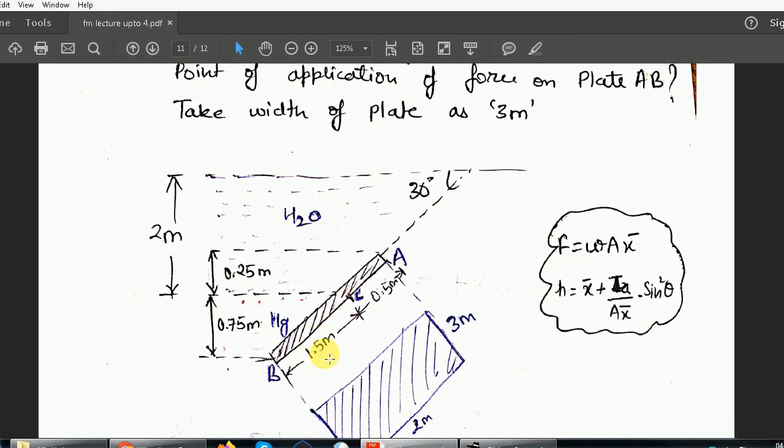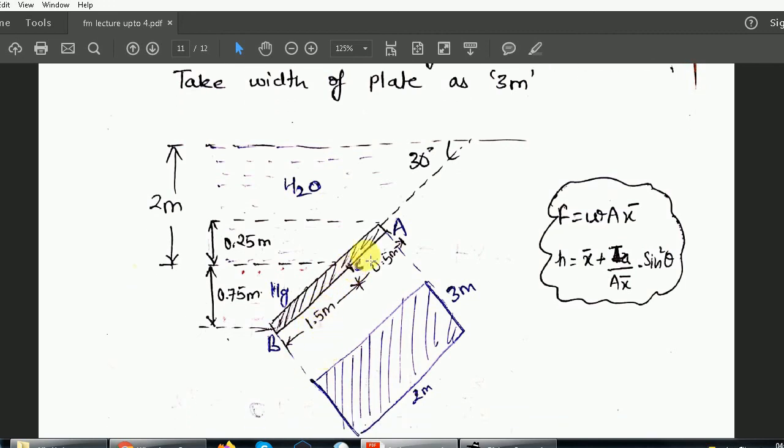So it is 1.5 meter B to C and A to C 0.5 meter. The angle of inclination is given as 30 degree.